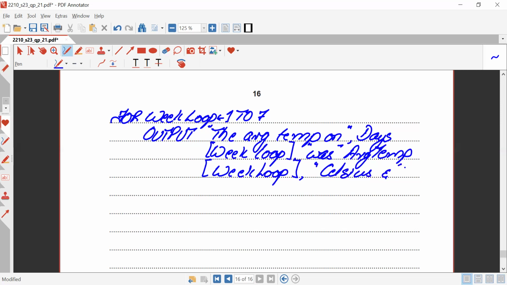So this is actually saying the average temperature on day, for example, the week loop was 1. So on Monday was whatever the temperature was in Celsius.